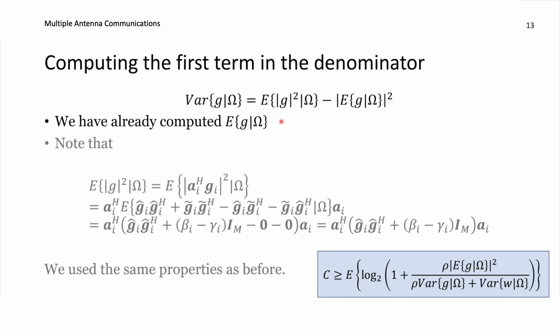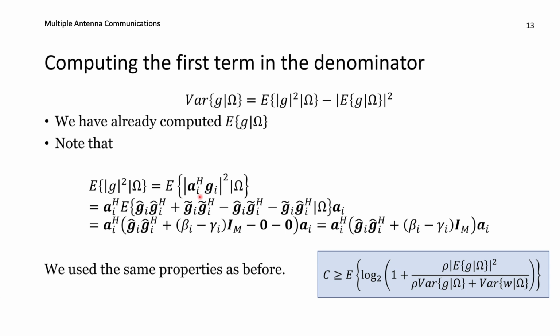So here is the computation of that one. G was still the product between a_i and g_i, and omega is the information that we know. We can expand this term as a_i Hermitian g_i and then g_i Hermitian a_i, because we have the absolute value square. a_i is a constant when we know omega, so we move it outside the expectation. Then we take the g_i Hermitian g_i and utilize once again that g is equal to the estimate minus the estimation error.